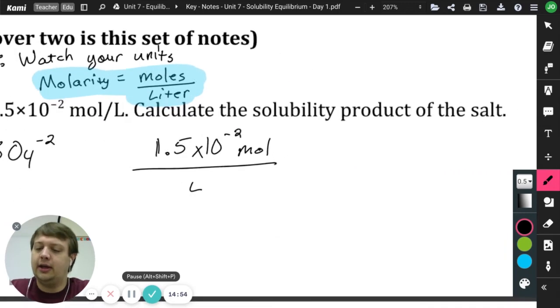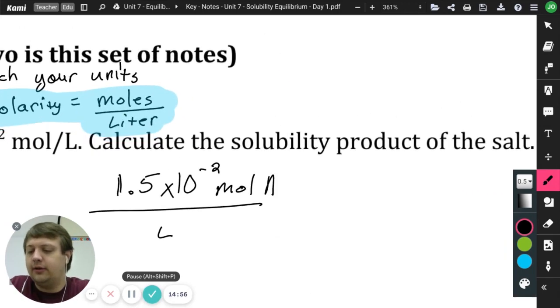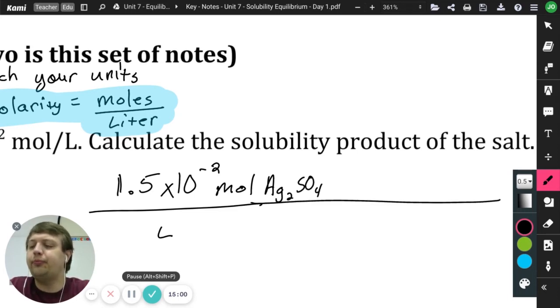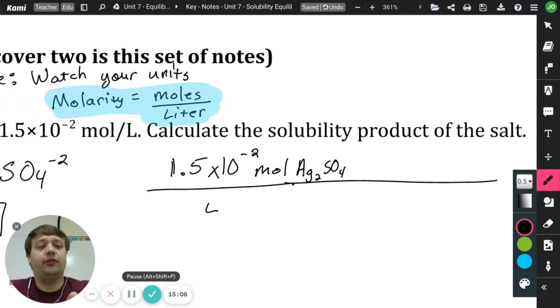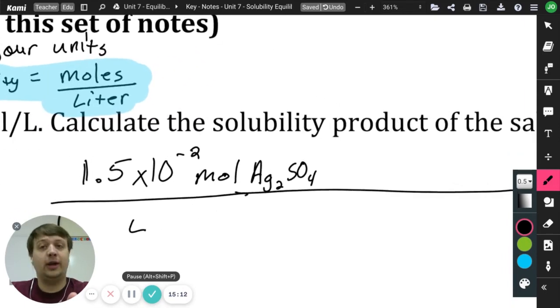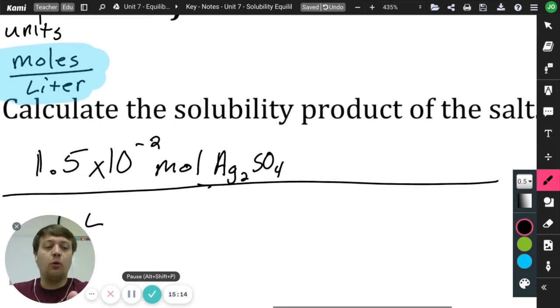And again, this is for my silver sulfate. Okay? But the problem is we need to find the concentrations of the silver ion and the sulfate ion. So for that, we're going to need to make some mole conversions over there.